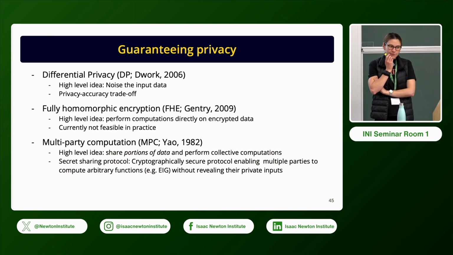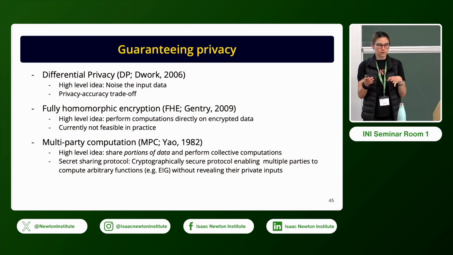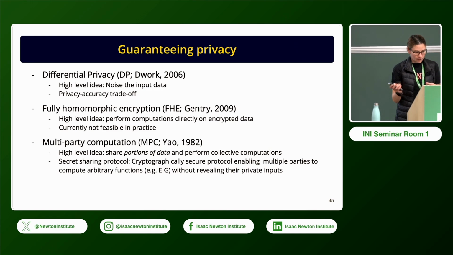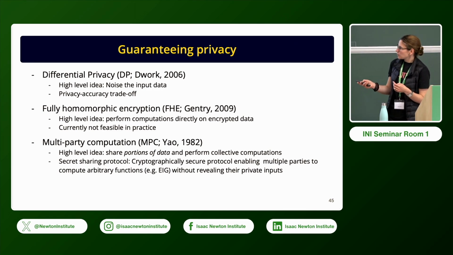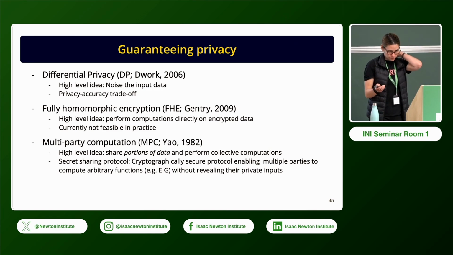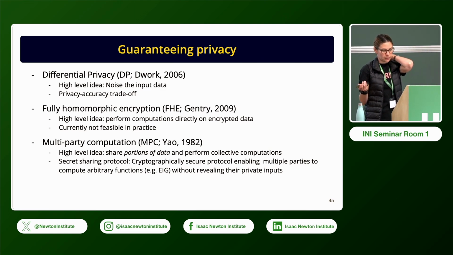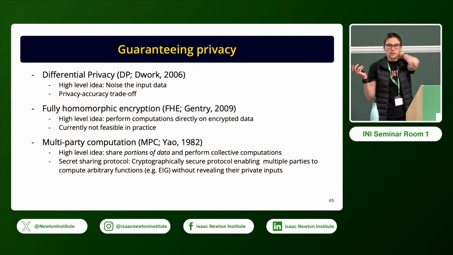And finally, we have multi-party computation, which is what we're using here. The high-level idea is that each participant will be sharing portions of their data, and the computation will be performed collectively. There is an underlying protocol called the secret sharing protocol, which basically guarantees the cryptographic security and allows us to compute arbitrary functions, such as the EIG, without actually revealing any of the data involved in the calculation.